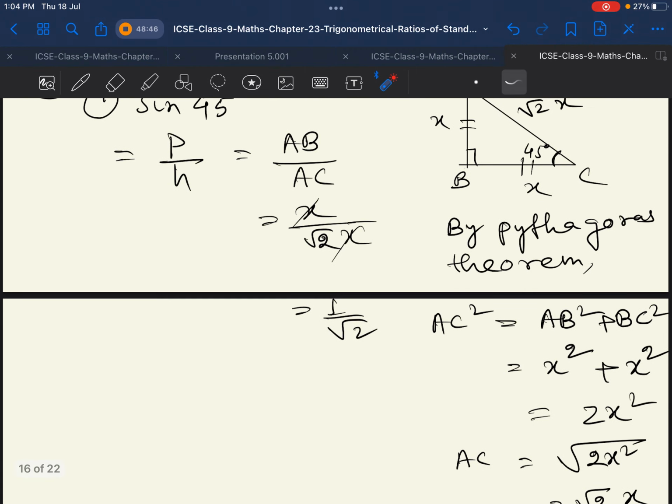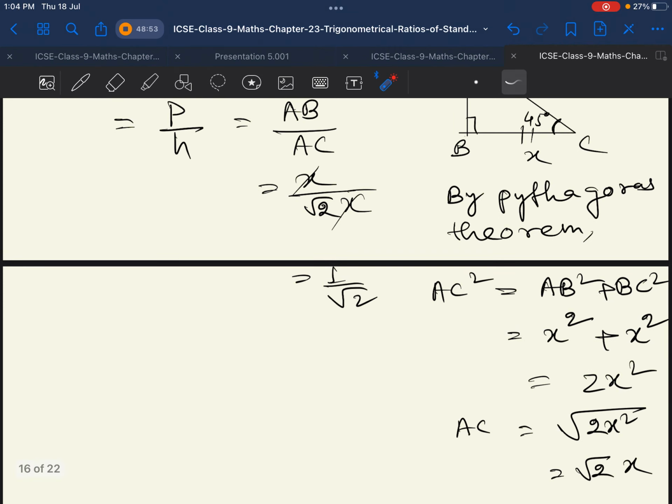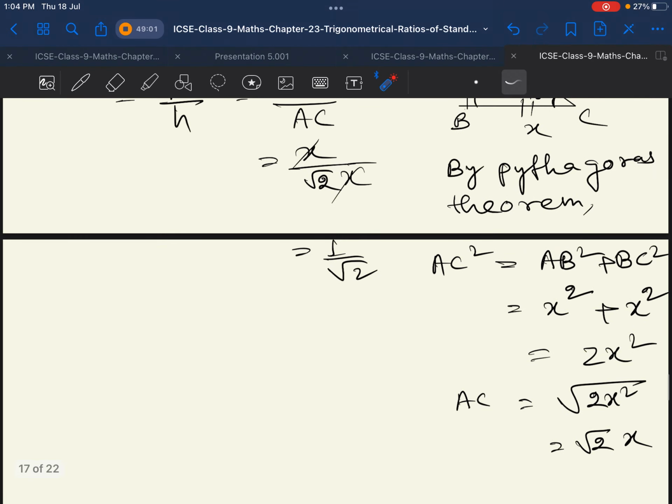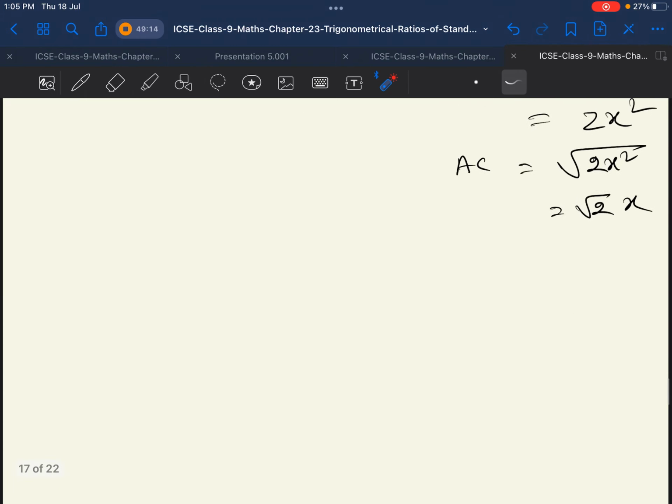By the Pythagoras theorem, AC squared equals AB squared plus BC squared, so AB is x, x squared, BC is x, x squared, so 2x squared. So AC is the square root of 2x squared, so root 2 into x. Now we put the value of AB as x and AC as root 2x, so x cancels, then we will get 1 by root 2.